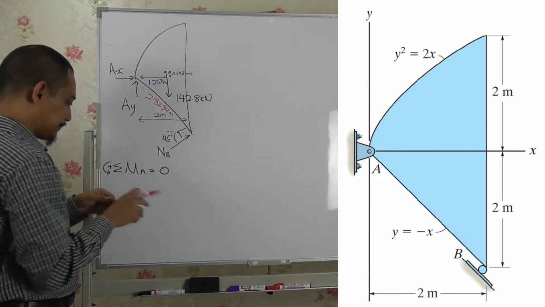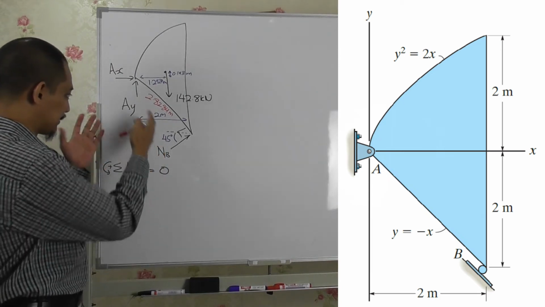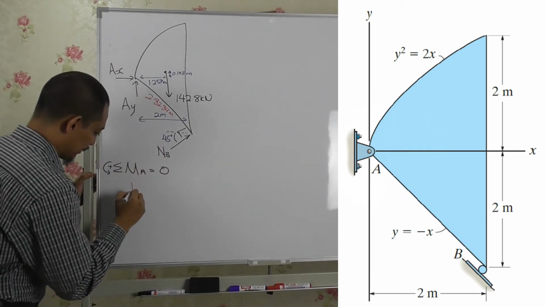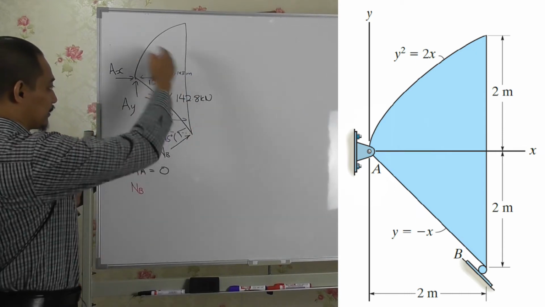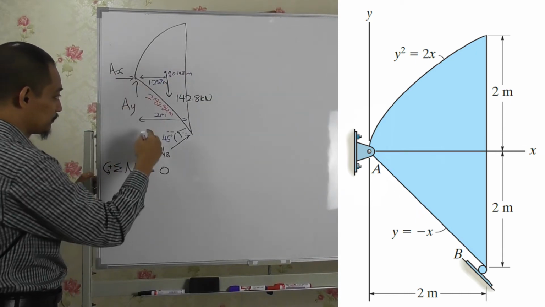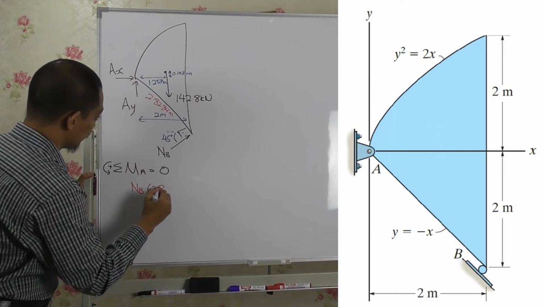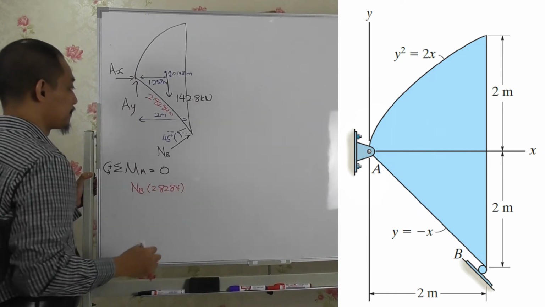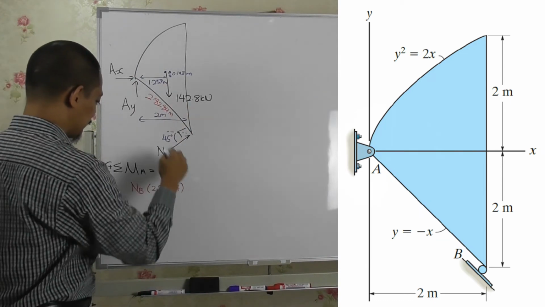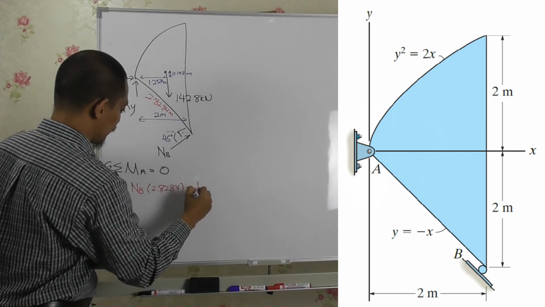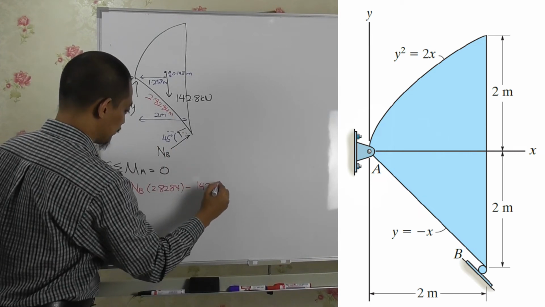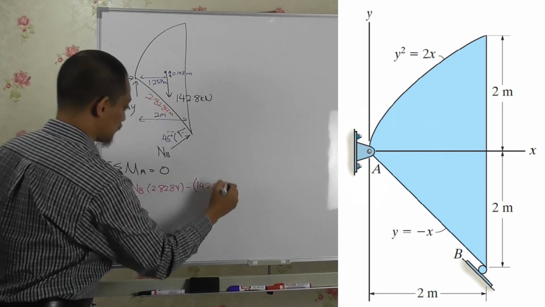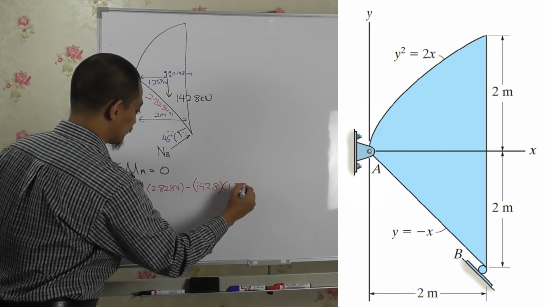Based on that, if I'm using the red one, NB will be counterclockwise, so it's positive, times 2.8284, and then this one will be clockwise, so minus 142.8 kilonewton times the distance of 1.257.